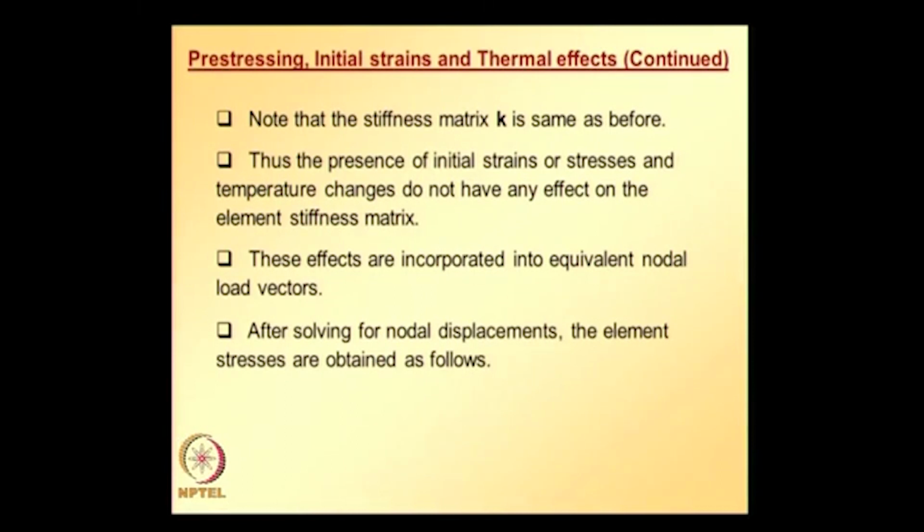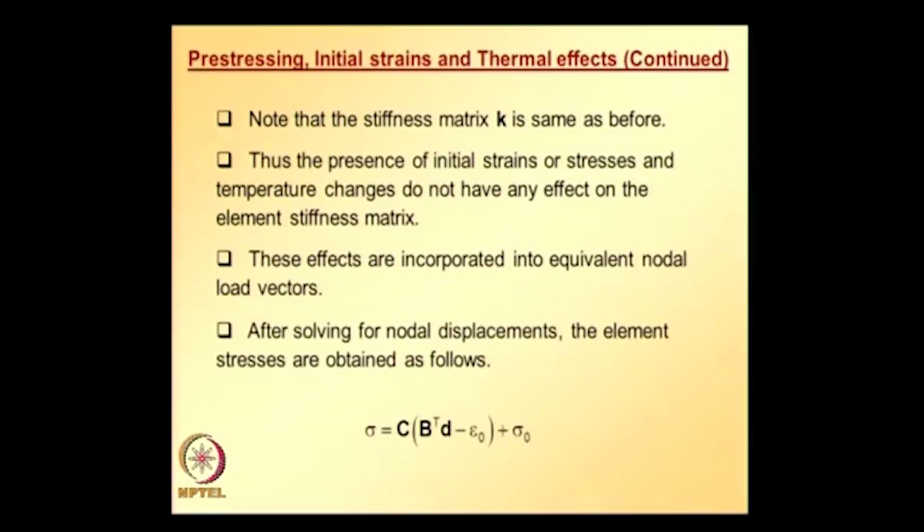With this definition of element stiffness matrix and nodal load vectors, in case initial strains or stresses are present, or if there is change in temperature, we can assemble the element equations as usual, and also the equivalent nodal load vectors can be assembled using the q epsilon naught, q sigma naught equations that we have just seen, and get the element equations.